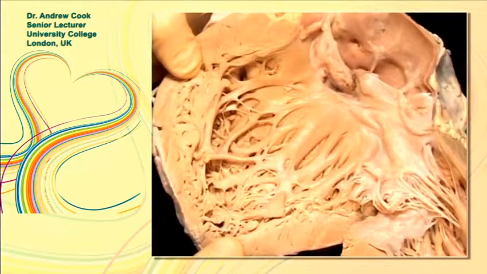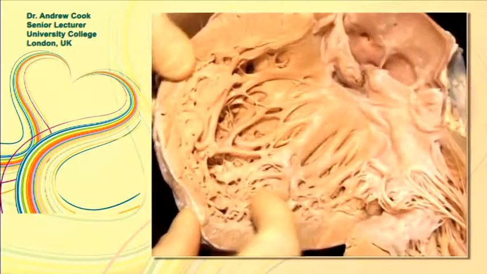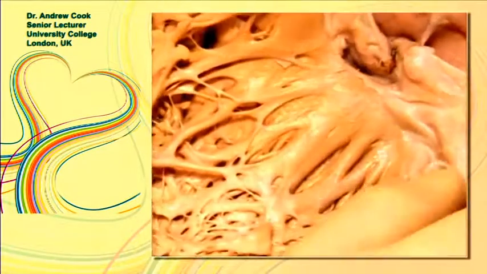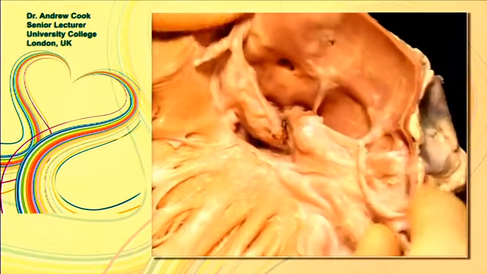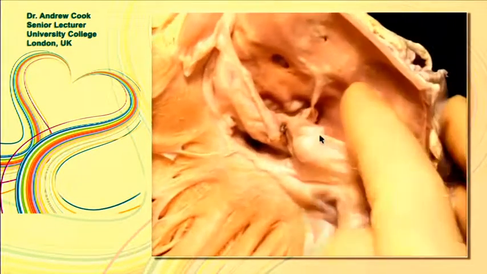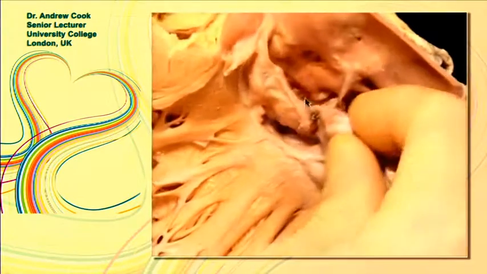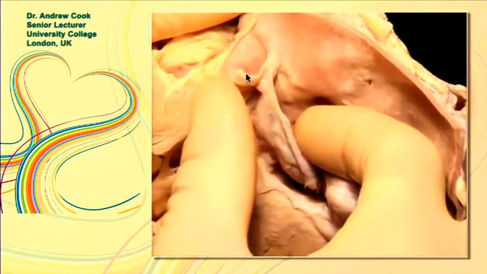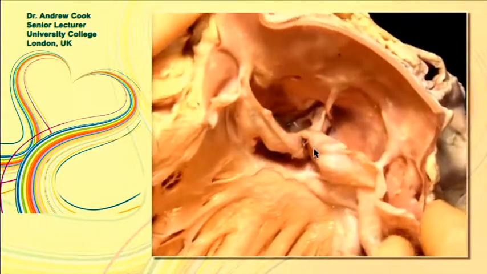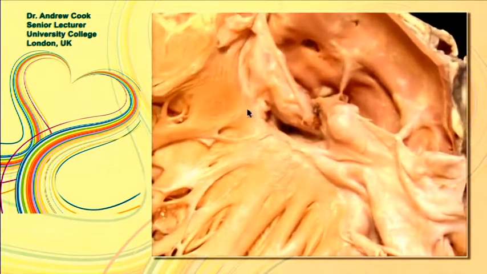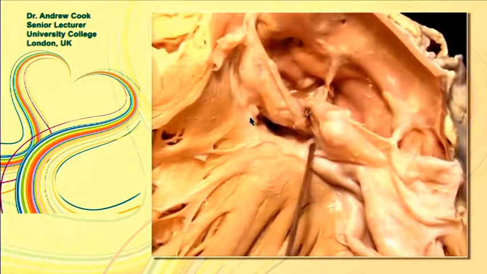And then the final example, which is a big heart with a very thick wall and a dilated left ventricle, shows a peculiarity of the upper portion of the septum. Again, the valve is thickened and fused, but there you can see fusion between the right and the non-coronary leaflets there, and also between the right and the left coronary leaflets. So it's clearly a stenotic valve, but just turn your attention to this recess here beneath the right coronary leaflet.